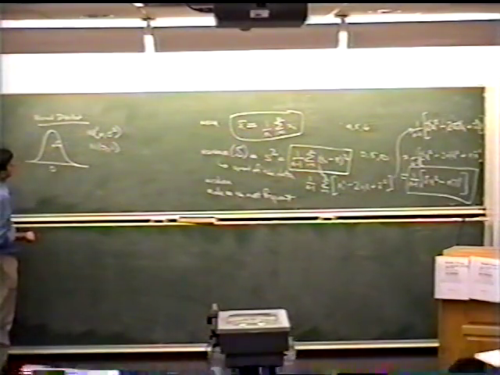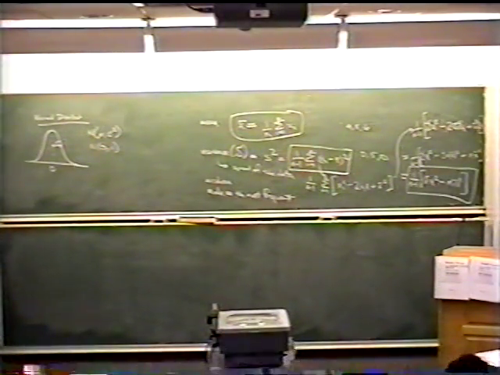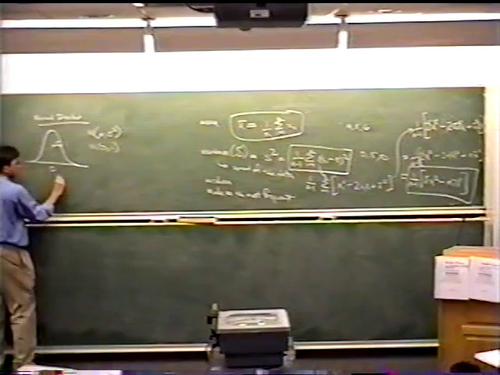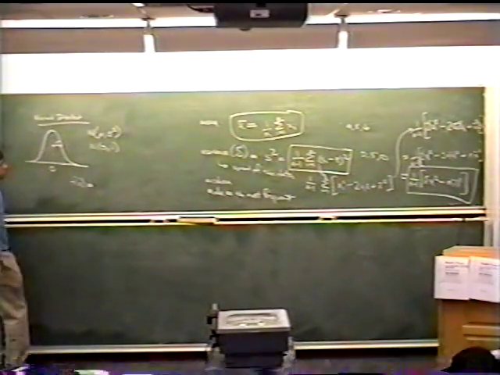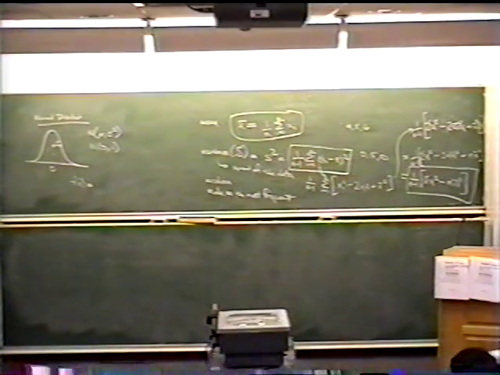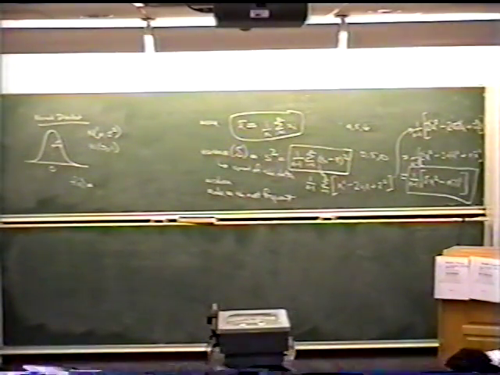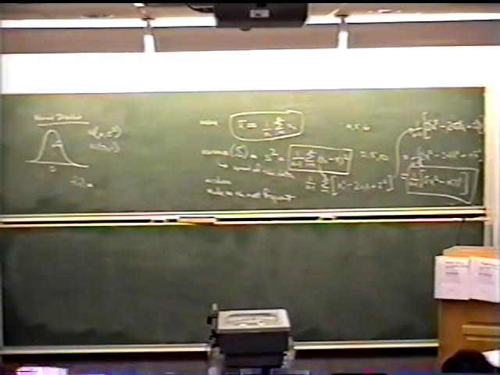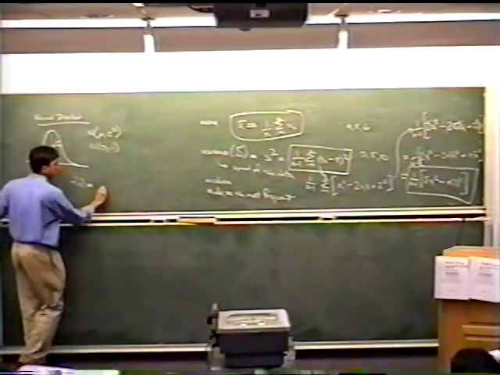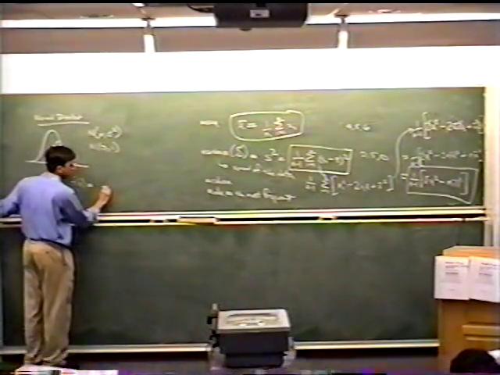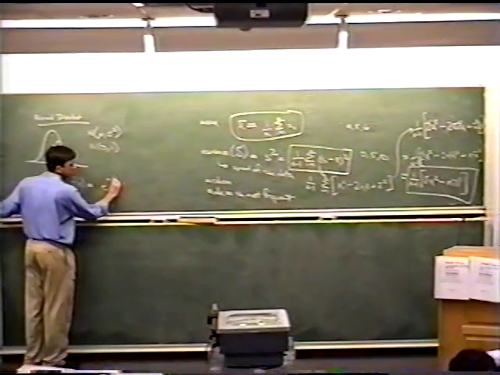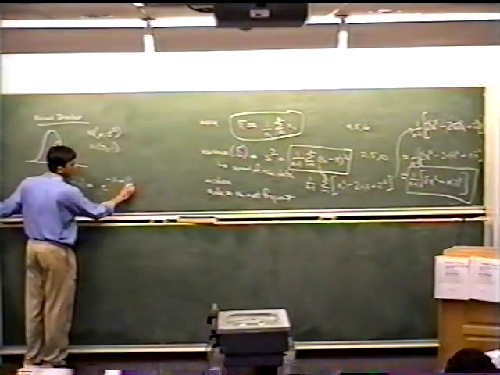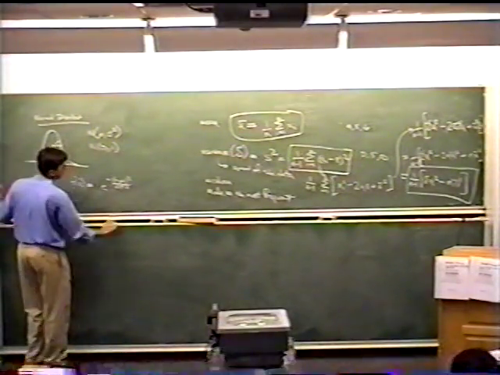Do you guys remember what this function is for a normal distribution? Not that you should know it for the exam, but it'll help us when we're looking at binomial distribution. Well, it's not an integral. It's e to the minus (x minus mu) squared over 2 sigma squared.